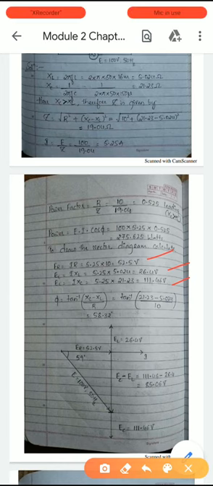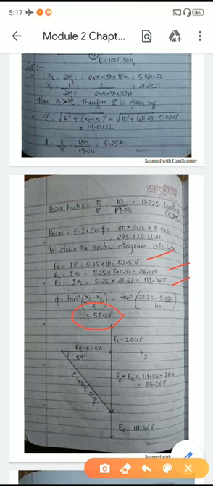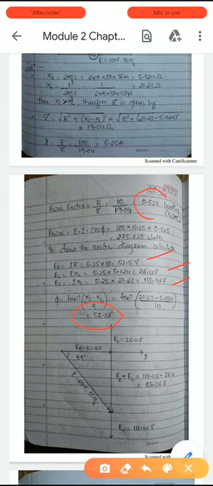Now you can calculate phi as tan inverse of XC minus XL divided by R. So you get phi is equal to 58.32. If you want to cross verify your answer, calculate cos of 58.32, then you should get 0.525, then only your answer is correct.